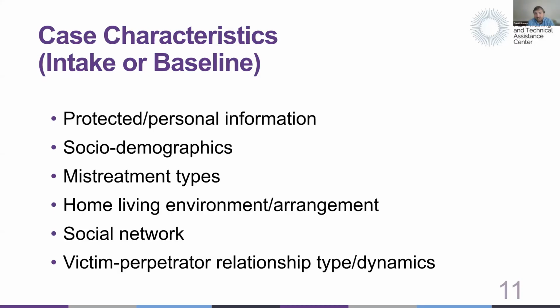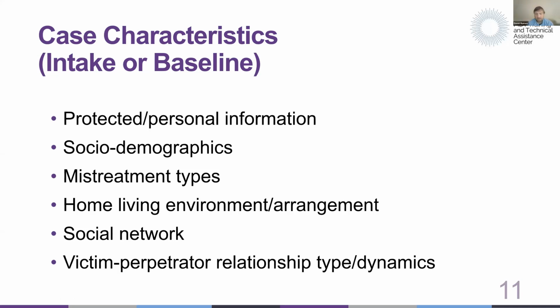So there are different types of data collection. The first is what tends to be collected at your intake or baseline, which is your case characteristics. This could include very protected and personal types of information, which you would need to think about from a privacy standpoint: personally identifying information, socio-demographic information about the client and their case, and treatment type information.